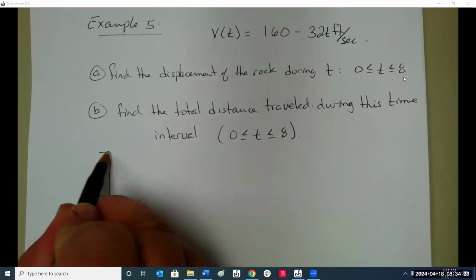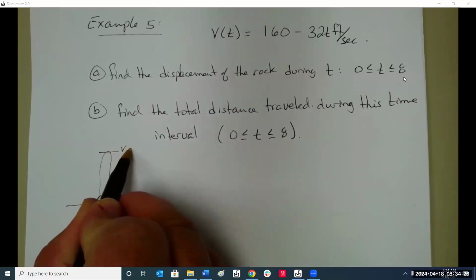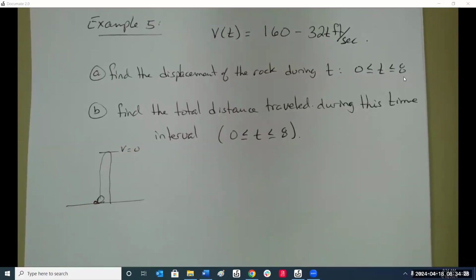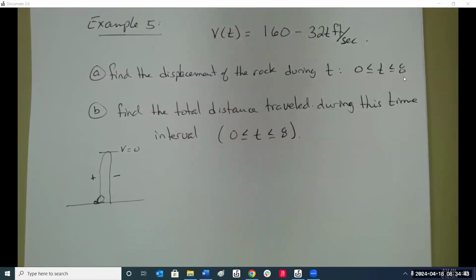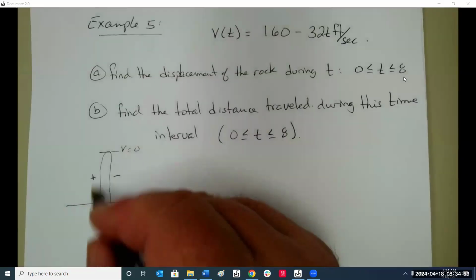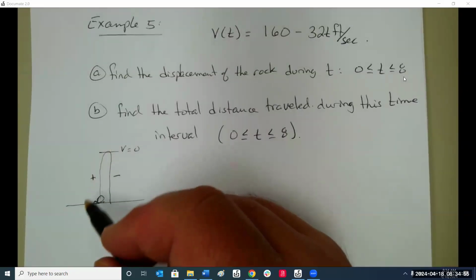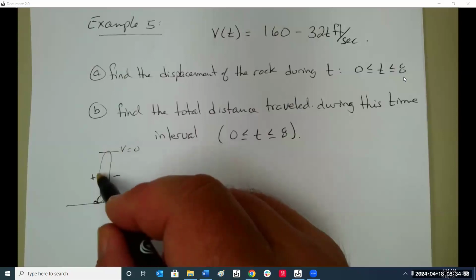Yeah, there'll be a point where the velocity is 0. At one point it's going to be positive and at one point it's going to be negative. Now, why is that a problem? Because the distance is the same.